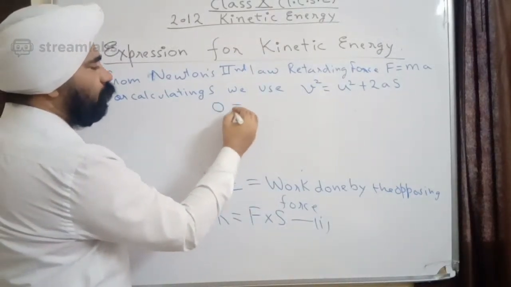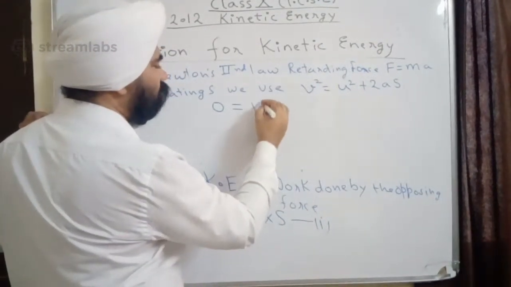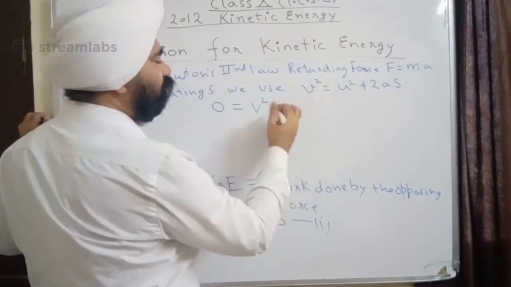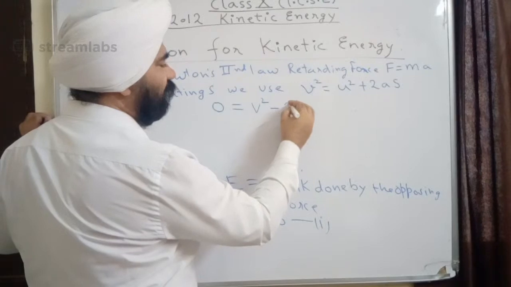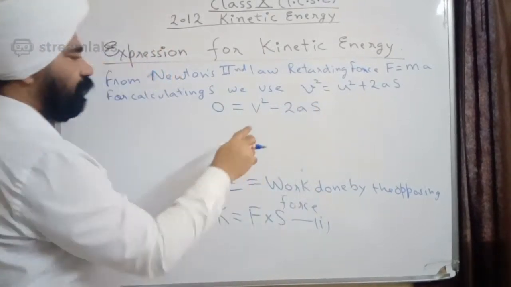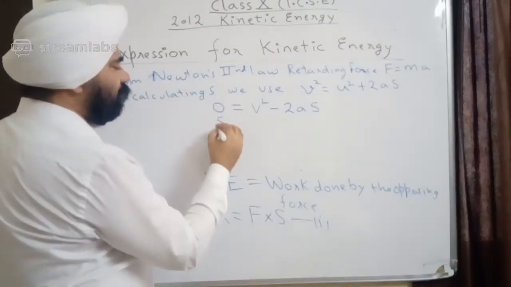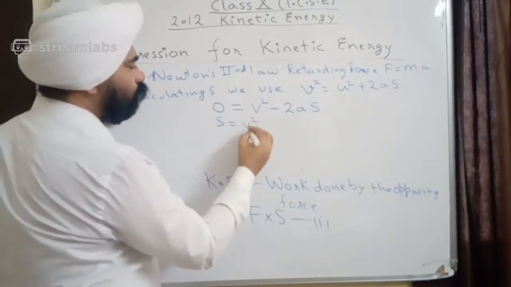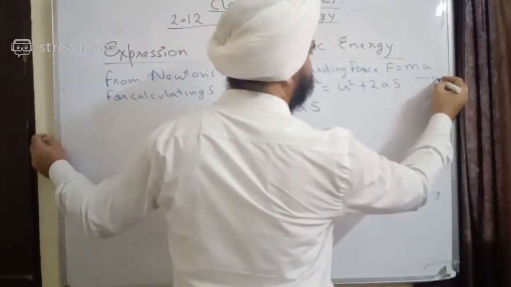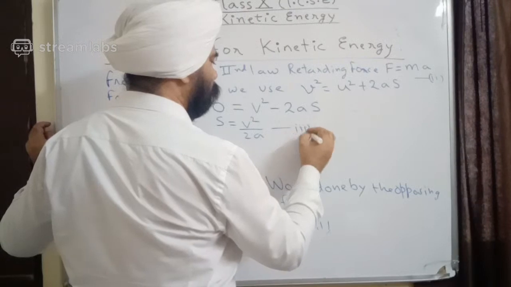The initial velocity was v, so this becomes v square. It is a retarding force, so the acceleration is negative, so it becomes minus 2as. Now we cross multiply, 2as comes to this side, which means s is equal to v square by 2a. This was our second equation, and this is our third.